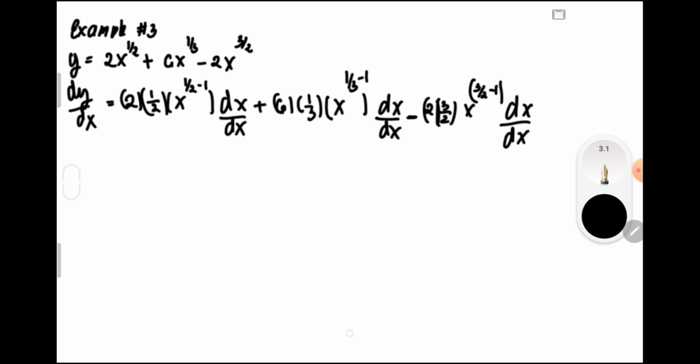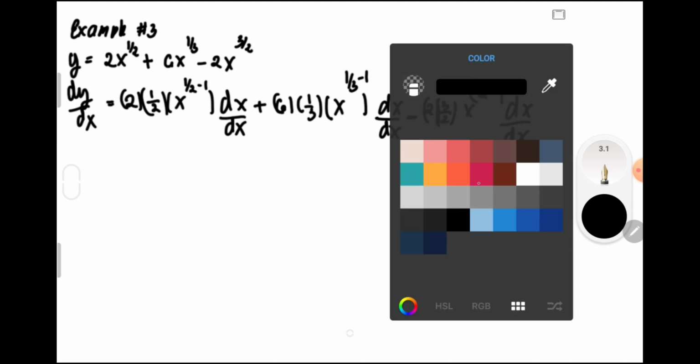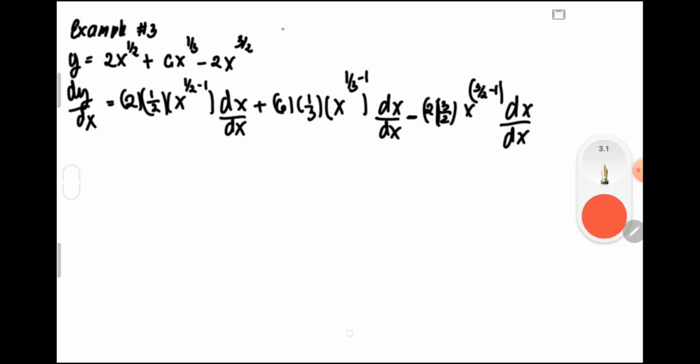Okay? So, mapapansin nyo, nandyan na yung ating CU, which is equal to C du over dx, and our power rule. Okay, we're in n. Key formula natin is n u raised to n minus 1 du over dx and C du over dx.